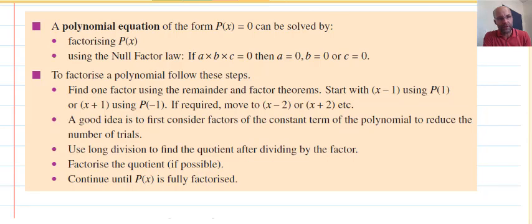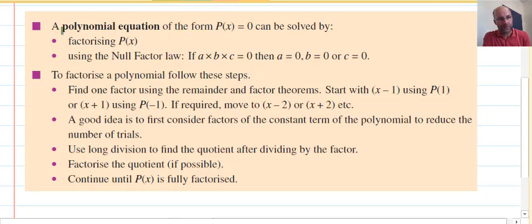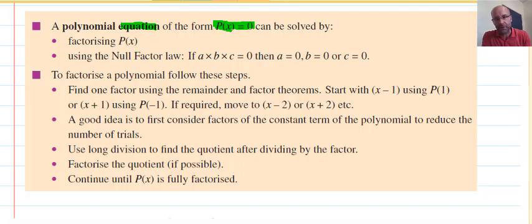Just basically the steps. Hopefully you'll see these as we go through. So polynomial equation p of x. When we solve an equation from your previous work, you know that we solve an equation by setting it equal to 0. You might remember that in particular with quadratics. And we do this by factorizing p of x, if it can be factorized, and the ones that we'll give you will be able to be factorized.